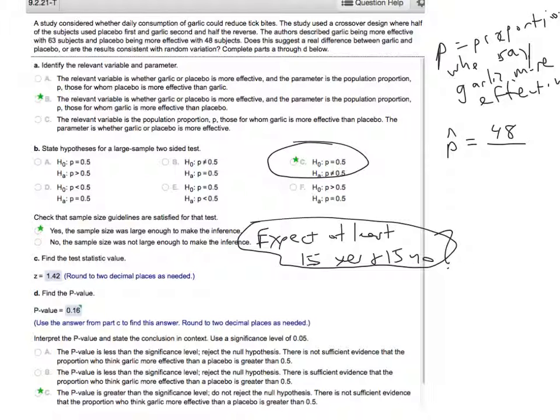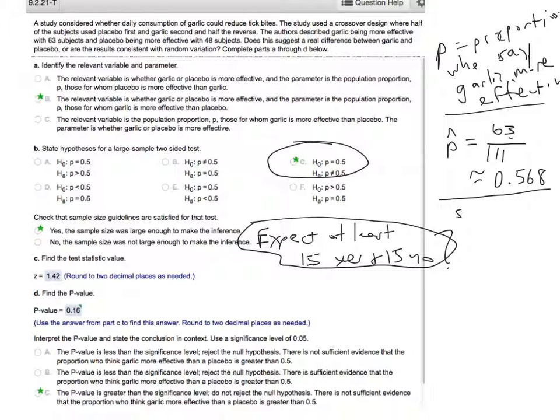So in this problem, it says that of the sample, 63 people said garlic was more effective, and 48 said it wasn't, so that's a total of 111 people. So 63 out of 111 is approximately 0.568. So that's the p hat that we're going to need for our test statistic.